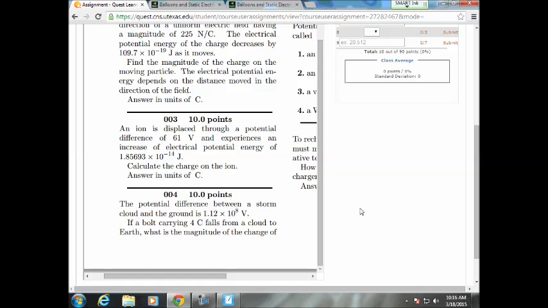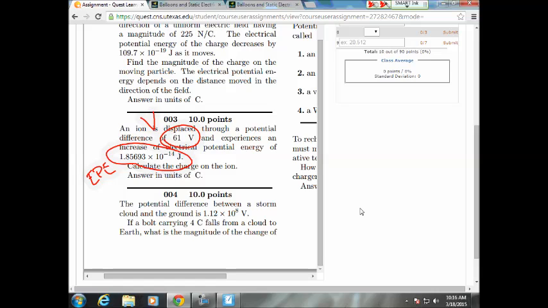Number 3, an ion, that's a charged particle, is displaced through a potential difference of 61 volts and experiences an increase of electric potential energy. Calculate the charge on the ion. 61 volts represents the potential difference, V. Electric potential energy is given to us.